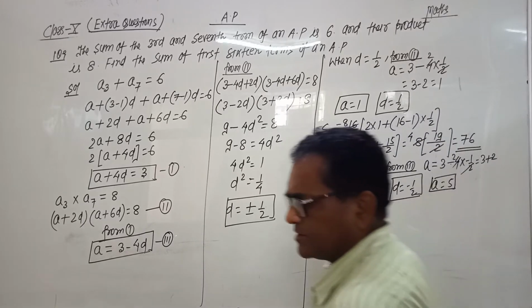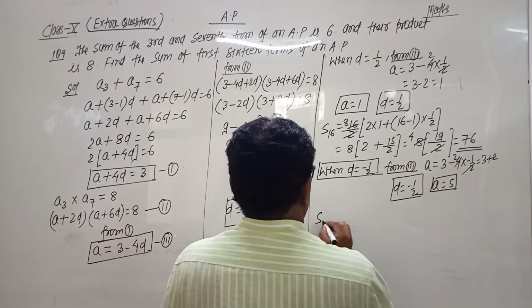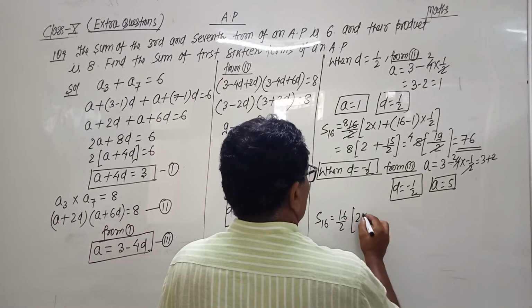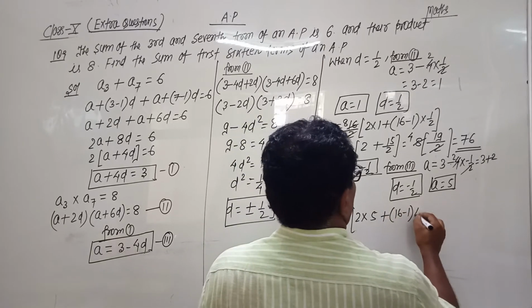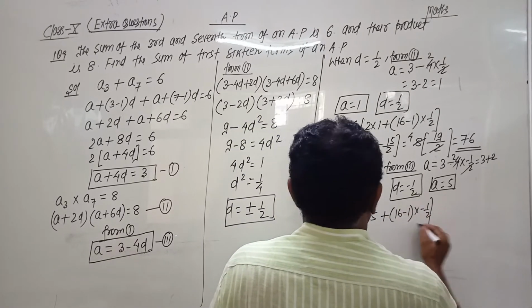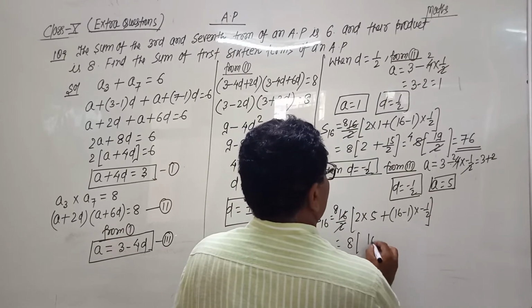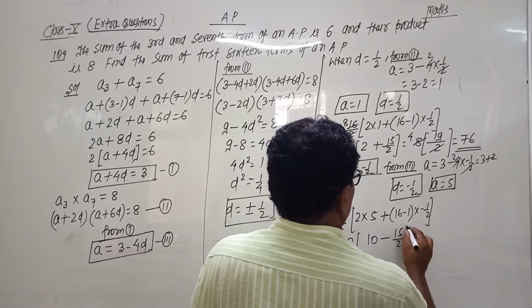Again we find the sum of the first 16 terms, S16. So 16 by 2 into (2 into a plus (16 minus 1) into minus 1 by 2). So 8 into (10 minus 15 by 2).